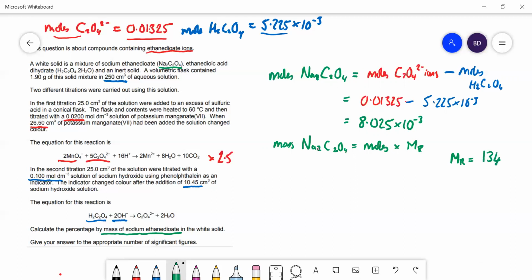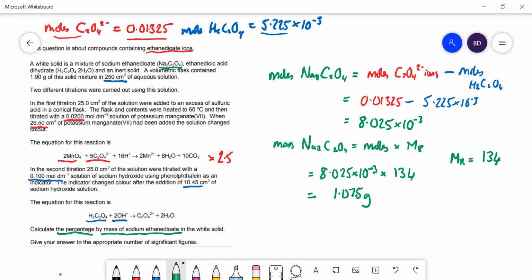So the mass is 8.025 times 10 to the minus 3 multiplied by 134, which equals 1.075 grams.